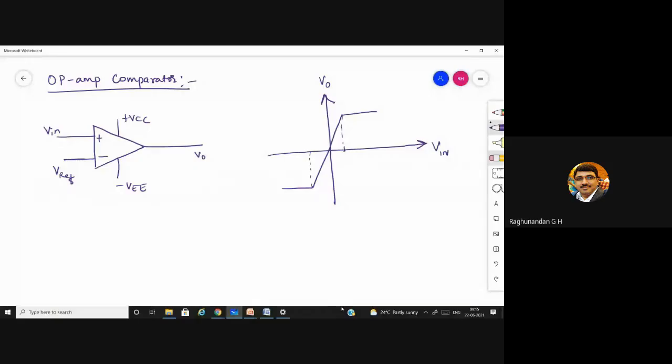So this is the variation which we are getting. This is plus VCC, and this will be minus VEE, or you can take it as minus VCC also. Both are fine. The region where we have a linearly slanting line is known as the linear region. This is a saturation region. This is also a saturation region.